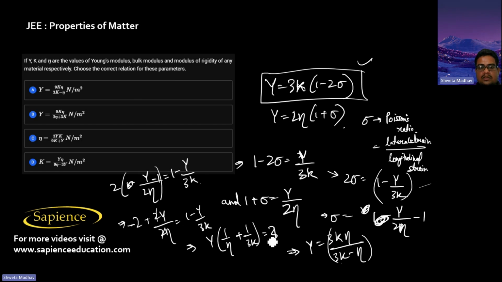This will be 3 into 3k eta, that is 9k eta divided by 3k plus eta. And if you want to find y and eta, again from here k also you can find.